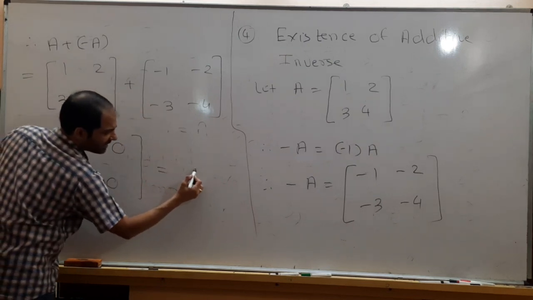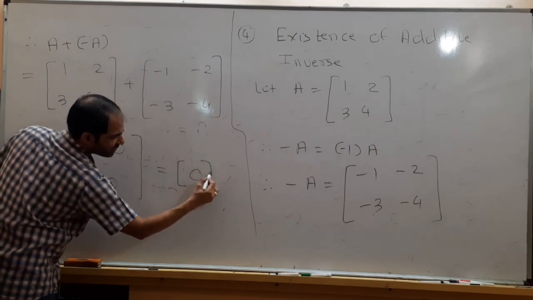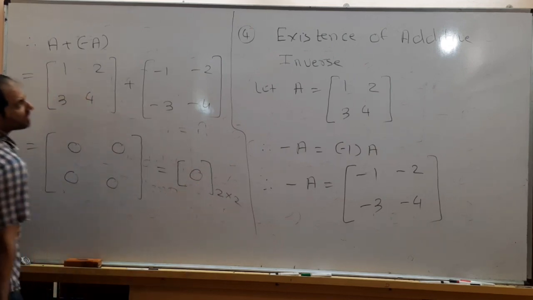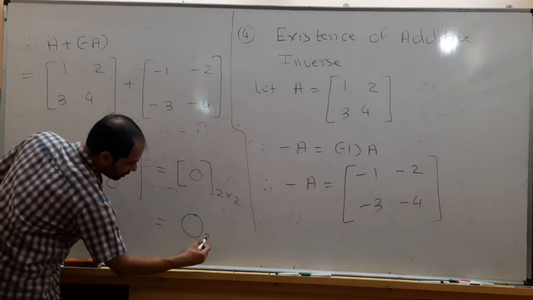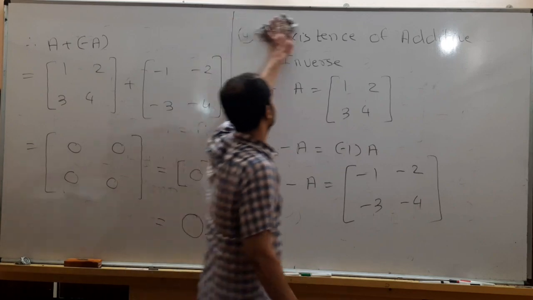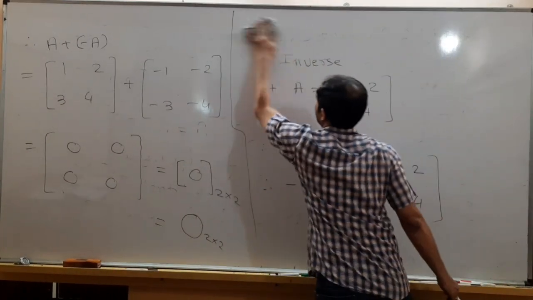What is this? It's actually the zero matrix of order 2 cross 2. So I can write, I am getting O, 2 cross 2. So here, what did I get?